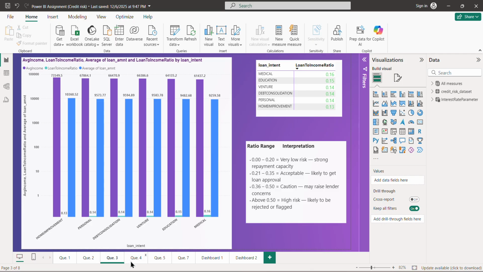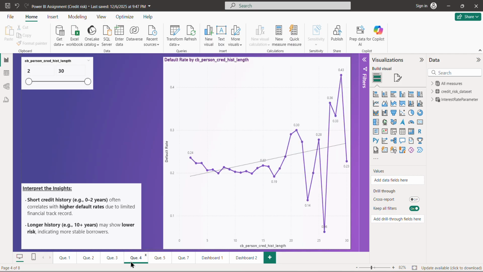Now let's move to the next question of visualization, which is default rate by person credit history length.